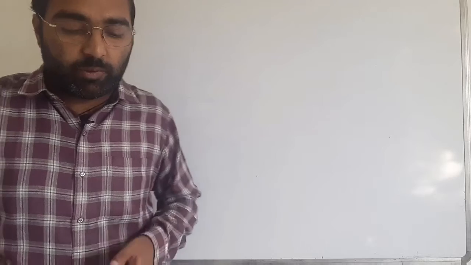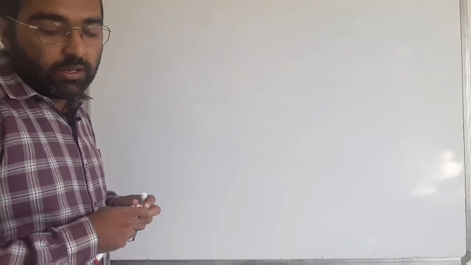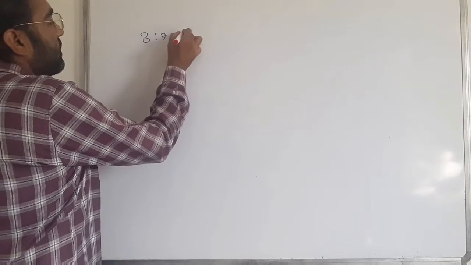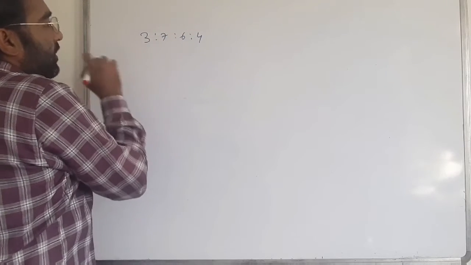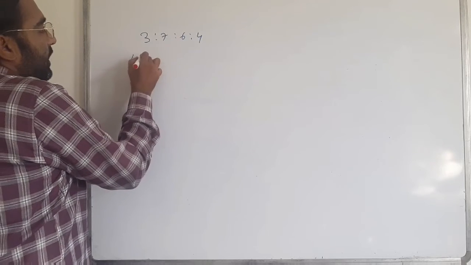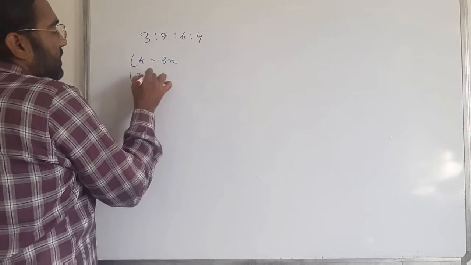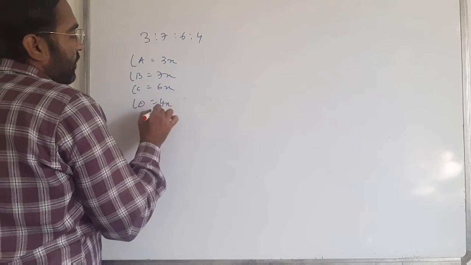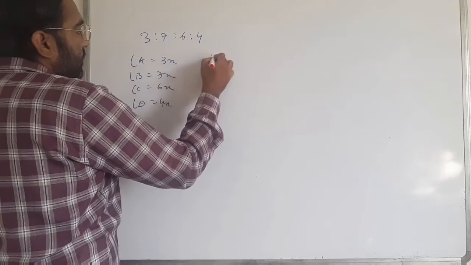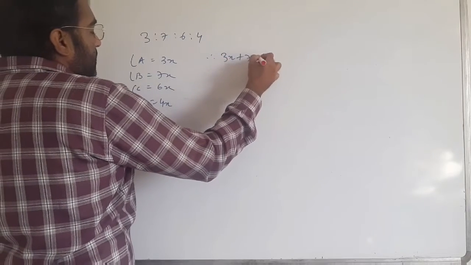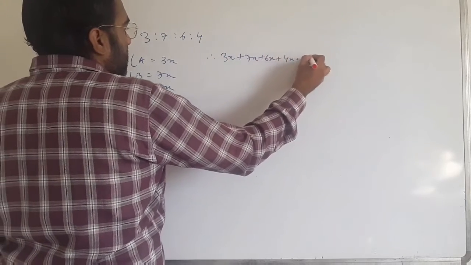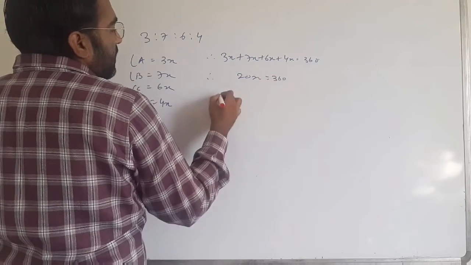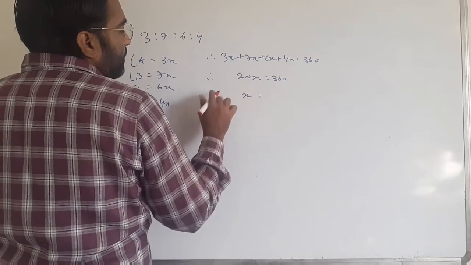So we write that angle A is 3x, angle B is 7x, angle C is 6x, and angle D is 4x. The total is equal to 360. Therefore 3x plus 7x plus 6x plus 4x equals 360. Therefore 20x equals 360.